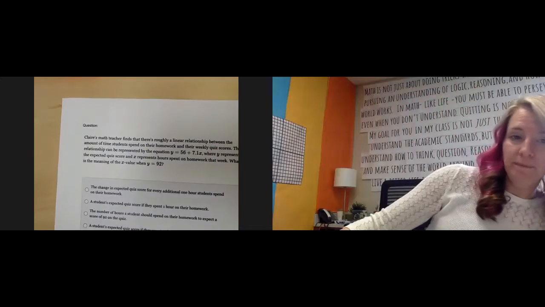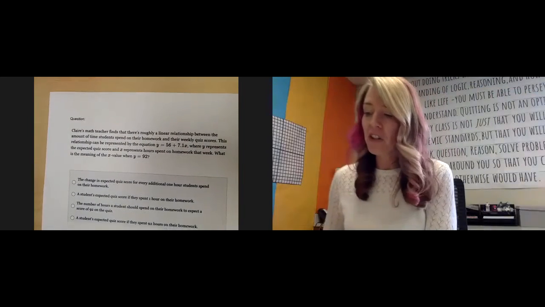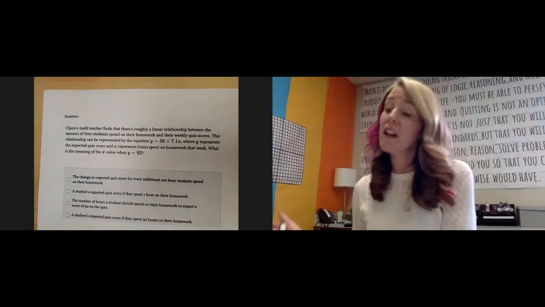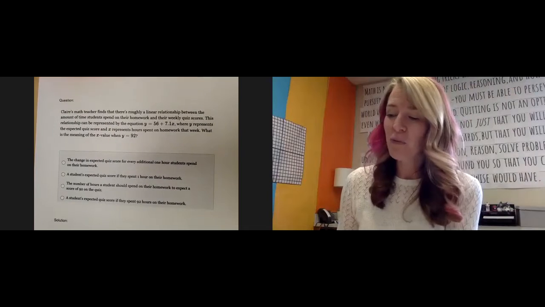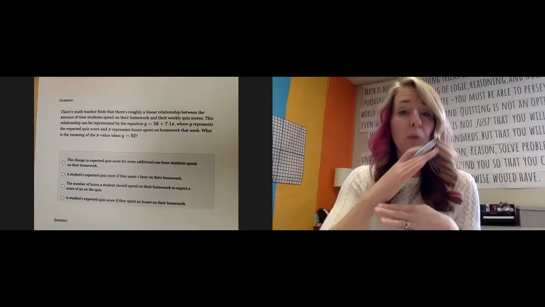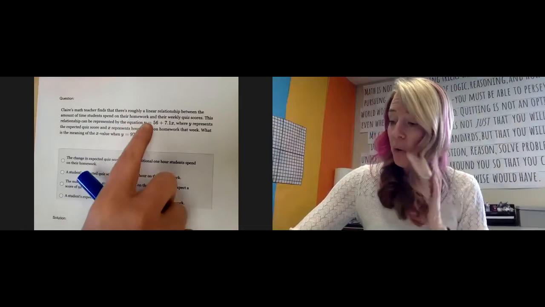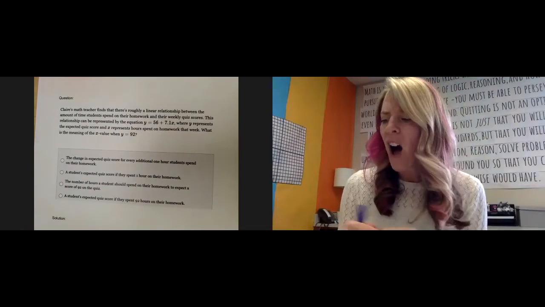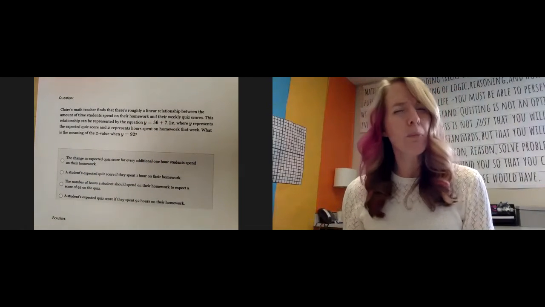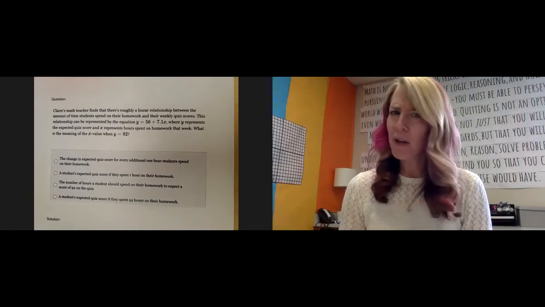Then this next question says Claire's math teacher, sounds like a really cool person, finds that there's roughly a linear relationship, so a predictable pattern, okay, between the amount of time students spend on their homework and their weekly quiz scores. What? I don't believe that. More studying, better grades.